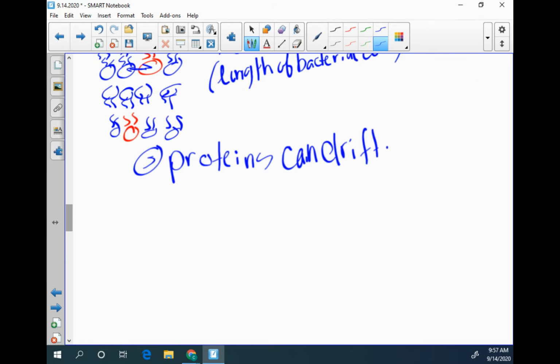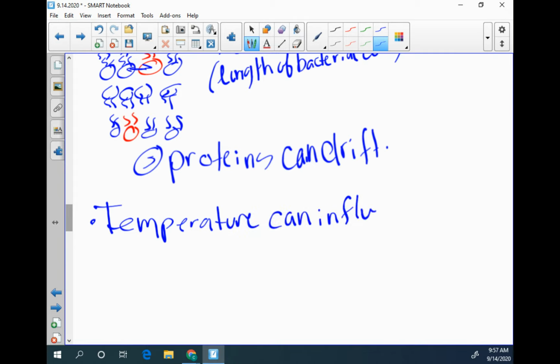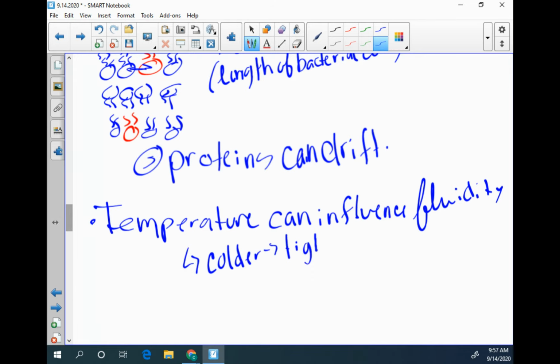Temperature can influence fluidity. If it's colder, they are tightly packed. So think about bacon grease, right?